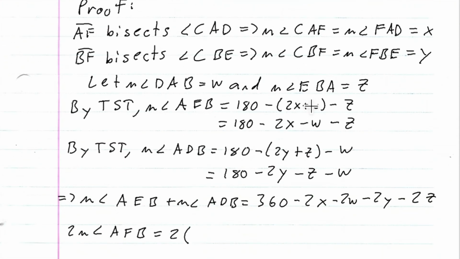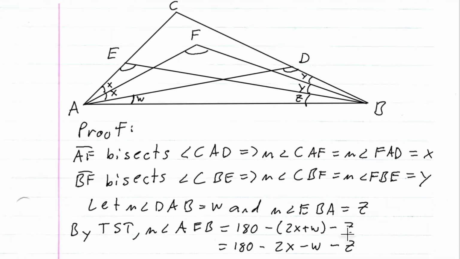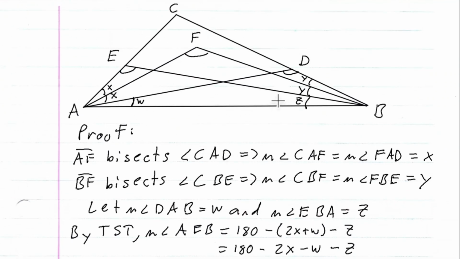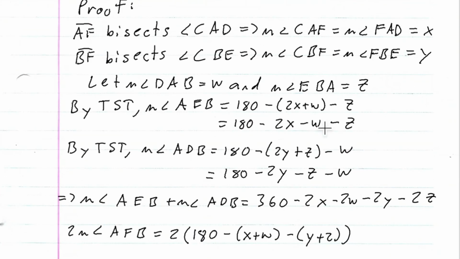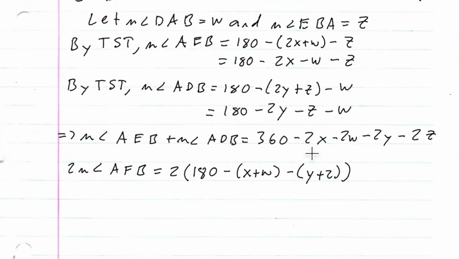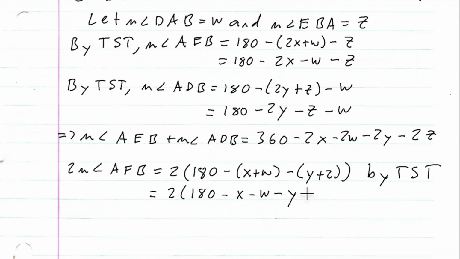So 2 times that is equal to 2 times (180 minus x minus w minus y minus z).